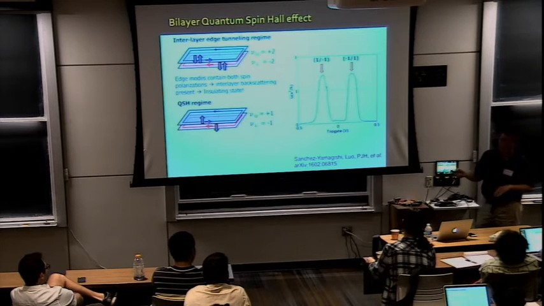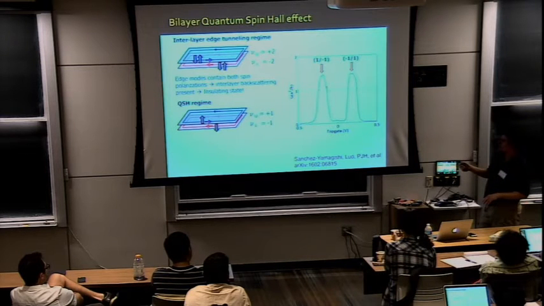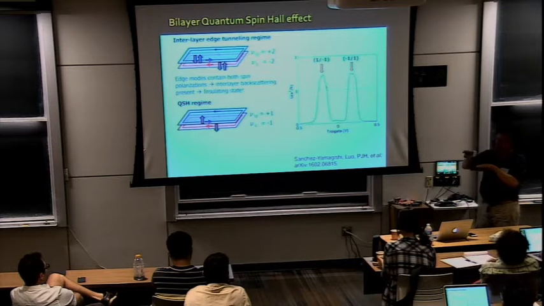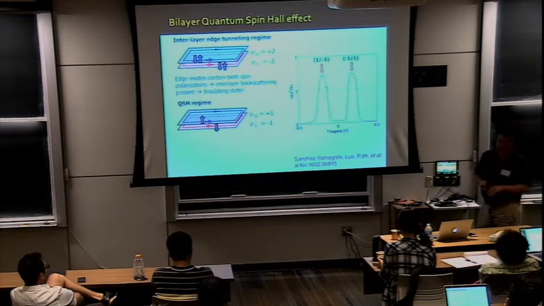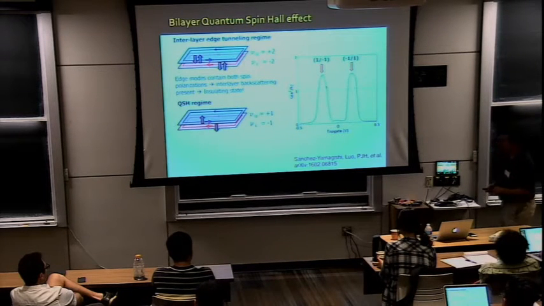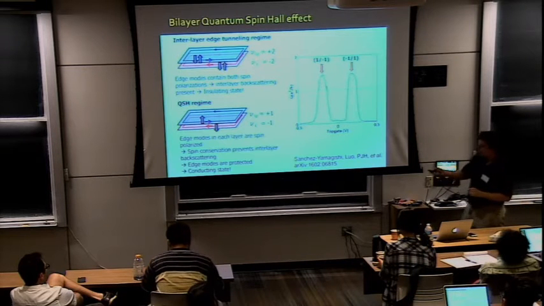We have made some non-local measurements, which I don't have time to show, which show a saturation towards 2e²/h, at least as good as in the other case when we do these non-local measurements. But in some sense, this is 1.5 instead of 1.9 like the other case. Okay, so this is this regime.